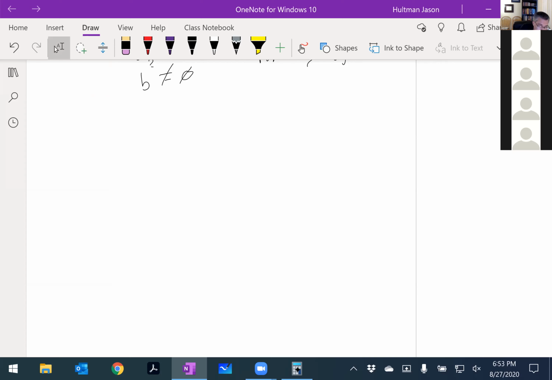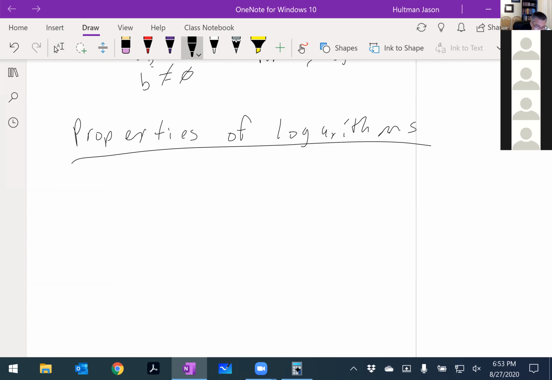Okay, so let's do properties of logarithms. Property number 1 is that if I take the log base a of m times n, the log of a product, then this becomes a sum.